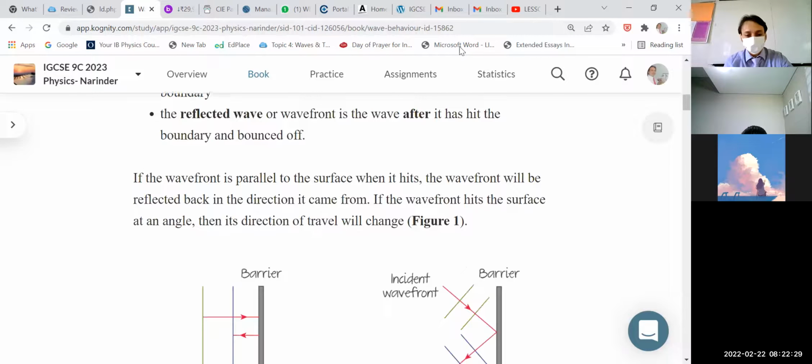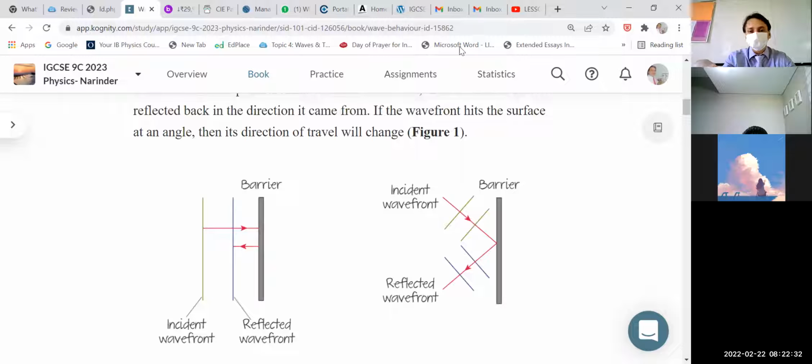Now, children, one more thing about wavefront and reflection. Suppose I have a boundary, a barrier. Look at that, the barrier is placed vertically along the y-axis, and we have an incident wavefront. Now, children, remember, wavefront means that the wave is moving, the wave is propagating.